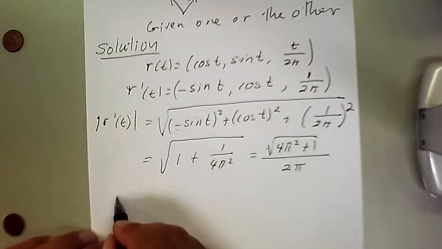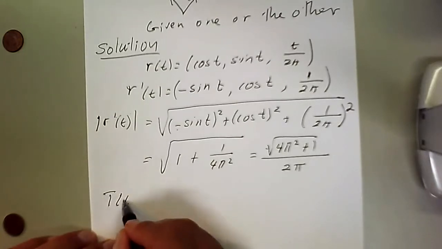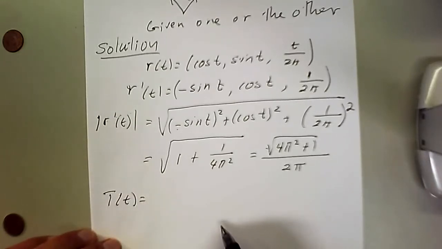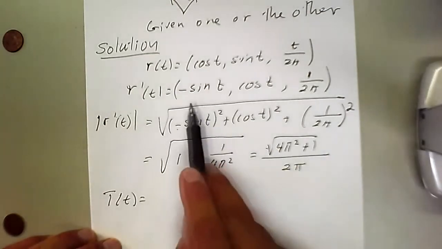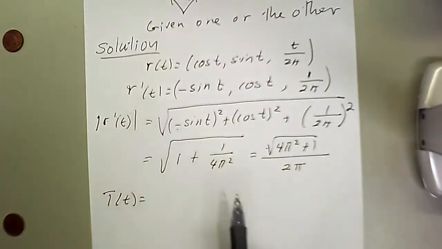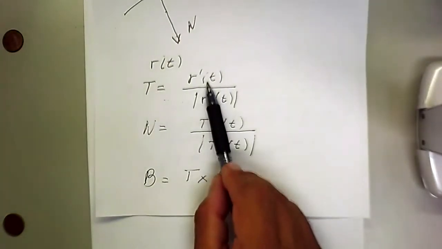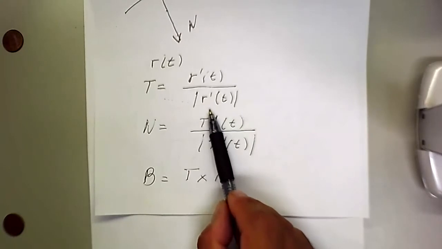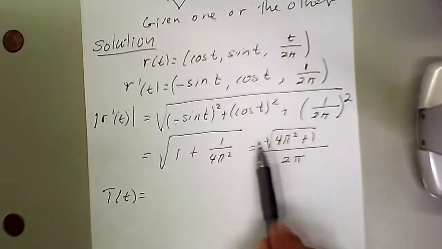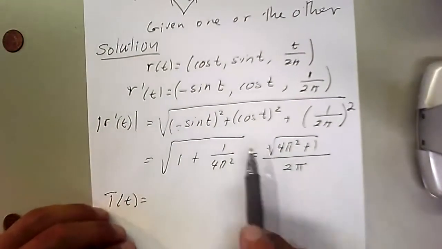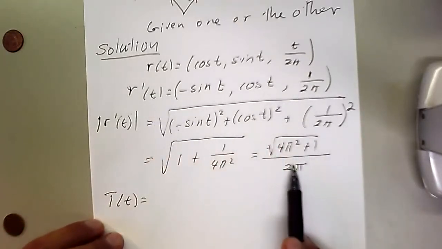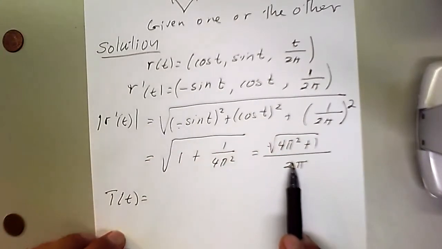Now we have T of t. Let's go back to the formula. T is r prime divided by the magnitude of r prime. So this is the magnitude of r prime, and we need to divide this vector by this scalar, this number.